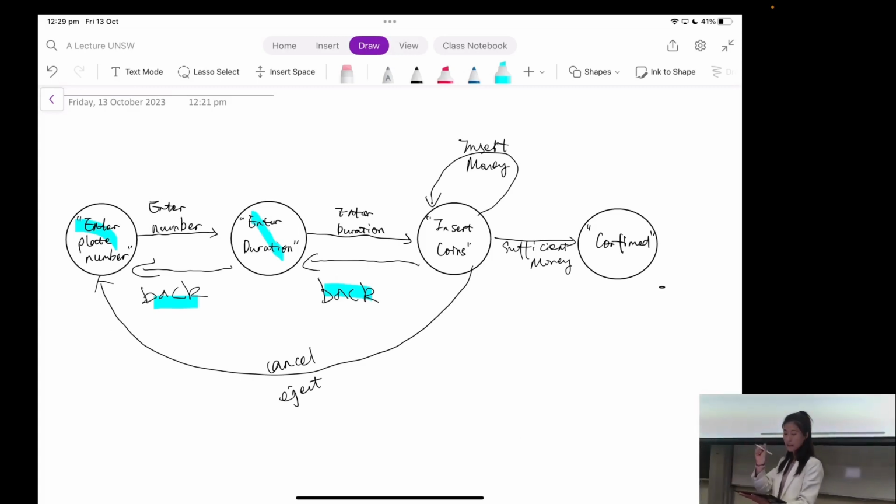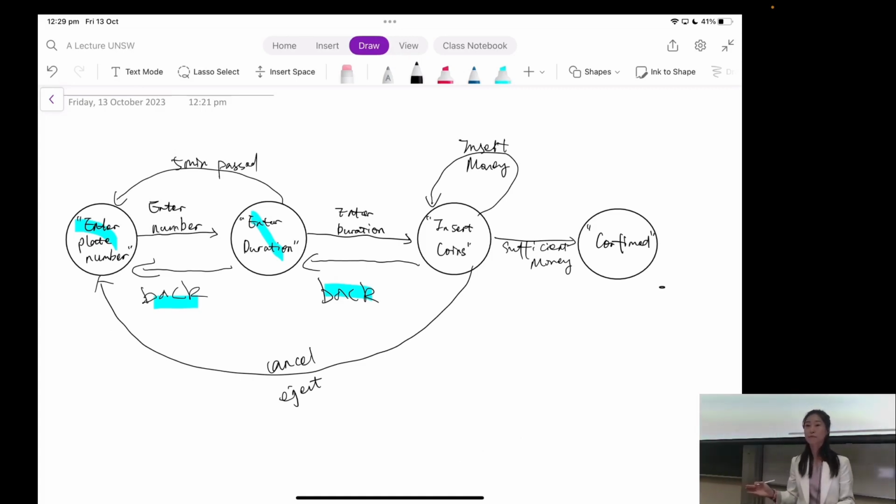Or will it go back to the initial state, like waiting for the next person to come to the parking meter, right? So maybe we need another event at some point here, like 5 minutes passed, and the user did not proceed. Like they did not trigger the next one. So that will come back to the initial state.